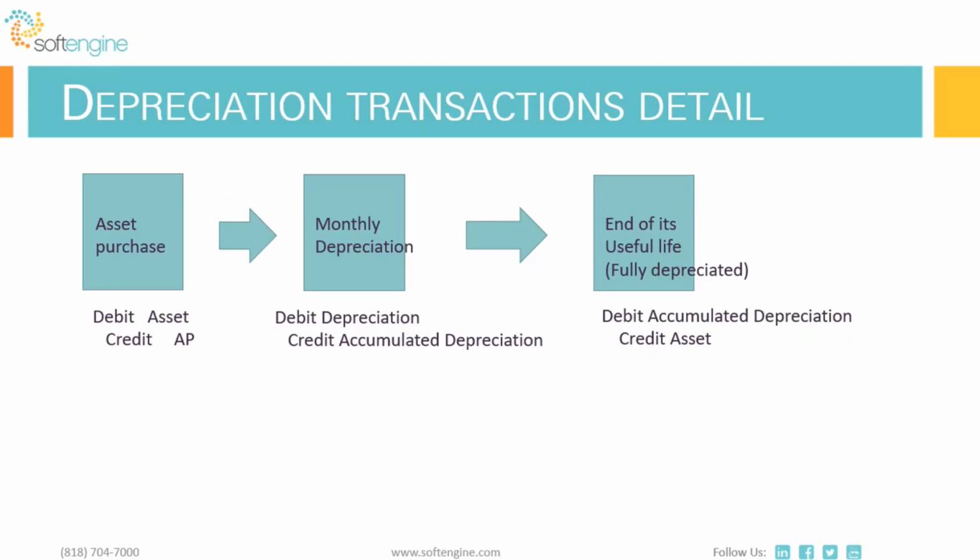The asset is recorded in the company's general ledger, going through the below transactions, from asset purchase, monthly depreciation, to the end of its useful life. As you can see, there are many transactions involved, so there is room for error.